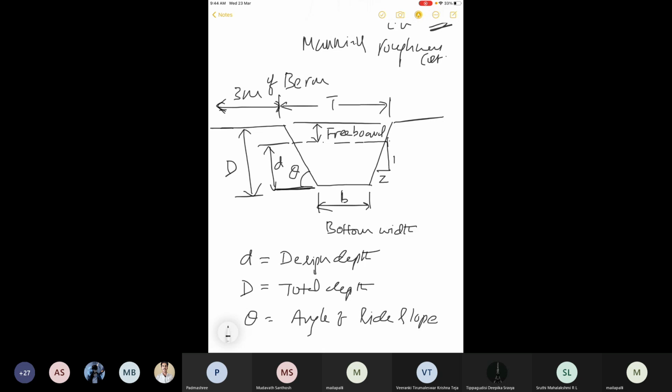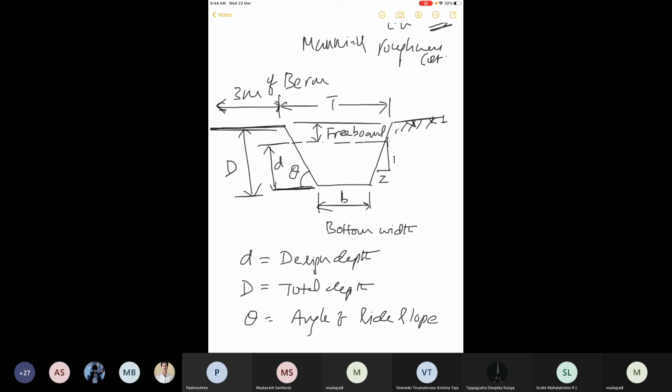If you have a bund immediately after the slope, there is a chance of collapsing and soil falling into the channel. So you should maintain a berm. The berm should have a width of 3 meters. So this is the cross-sectional view of the trapezoidal channel.